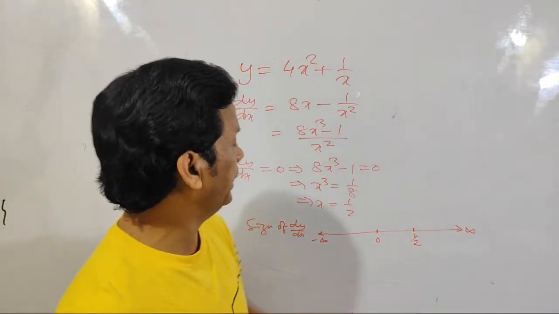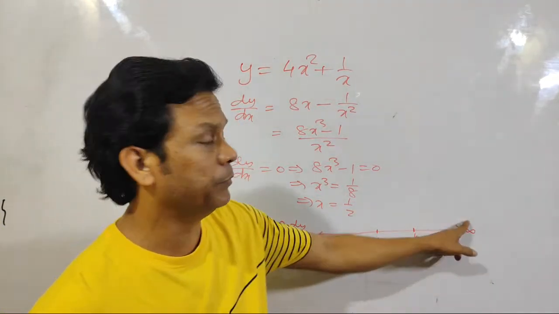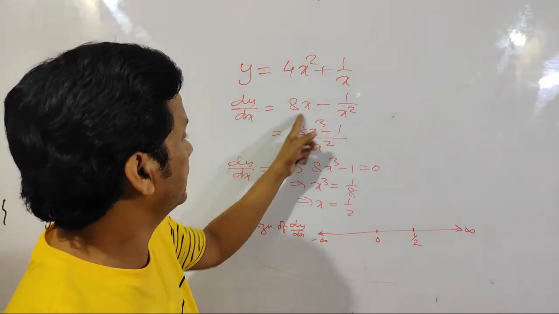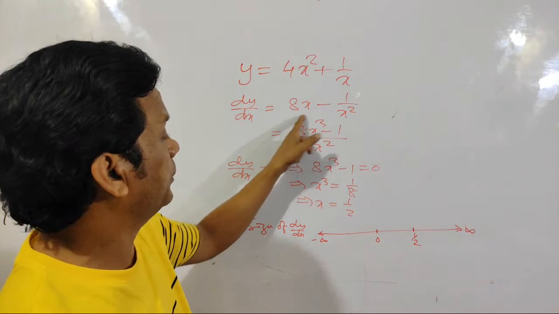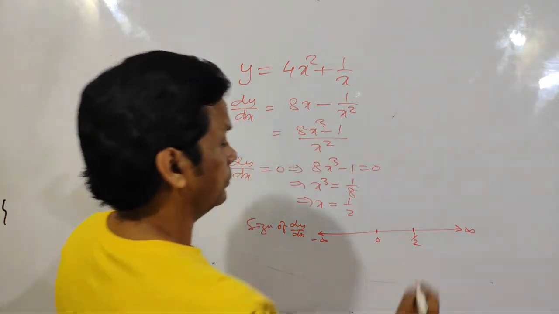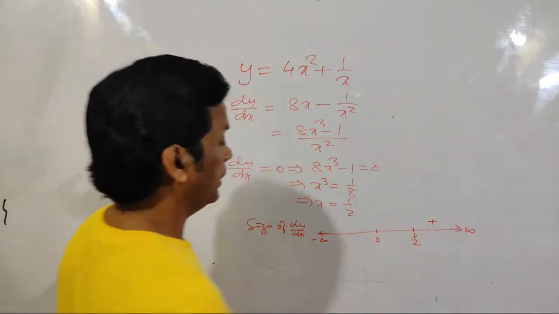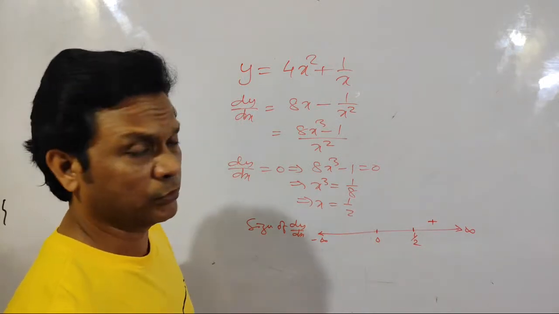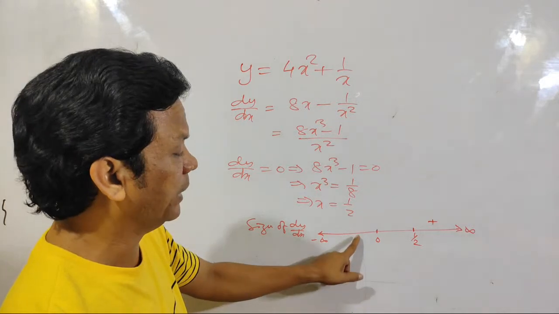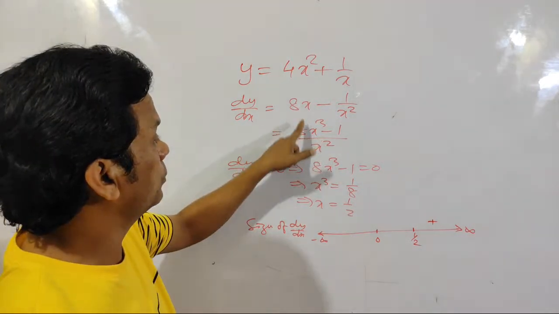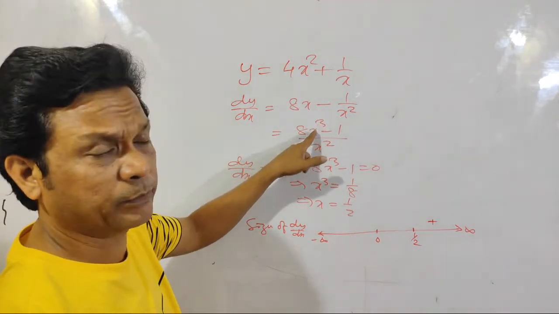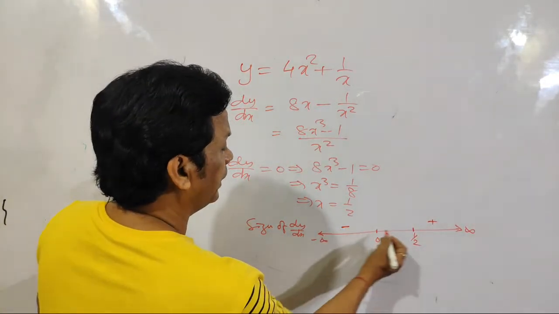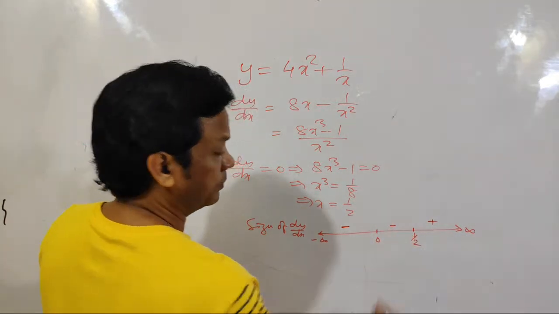From half to infinity, I am taking 4. If we take 4 here, the function will be positive. Okay. And between 0 and 1 by 2 or minus infinity to 0, I am taking minus 1 in this interval. So minus 1 cube is minus 1. So minus 8 minus 1, it is negative. This is negative. Between 0 and half, it is also negative.